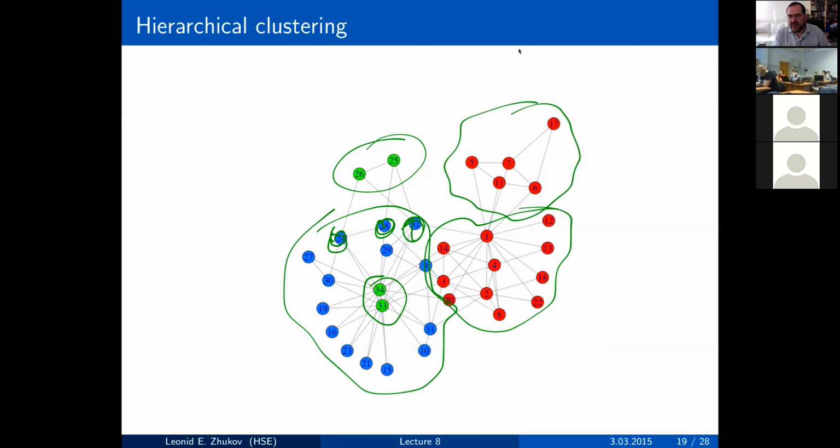So maybe a 4-cluster solution is even a better approximation to the problem. But again, as always with clustering, this discussion is subjective, right? So you need some external metric to confirm how many clusters you actually have.